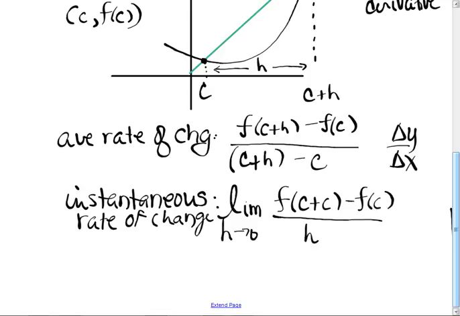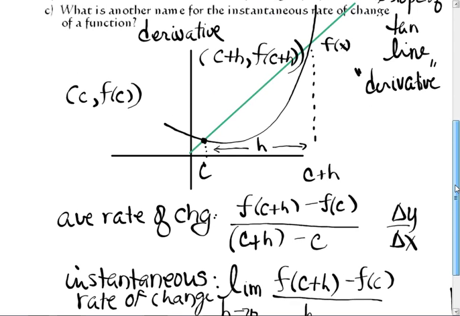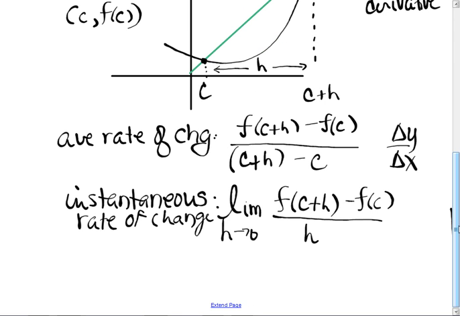And when we get to section 3, the reason I have a smiley face on the board is we're going to find an easier way to find derivatives. Is it c plus h? Sorry, c plus h. On Friday, we're going to find the easy way to do this, more or less. You'll be done with this hard algebraic way.